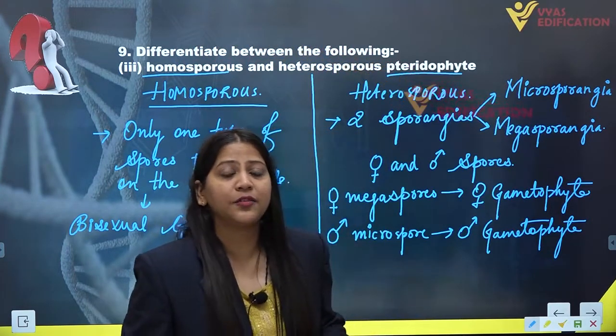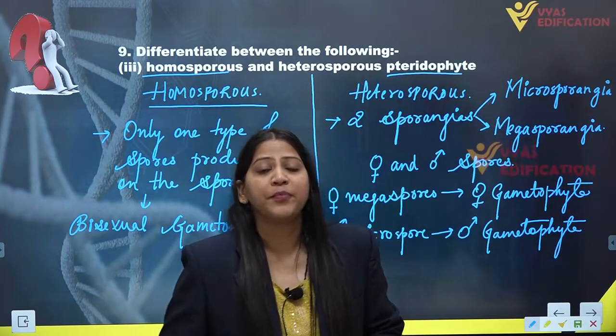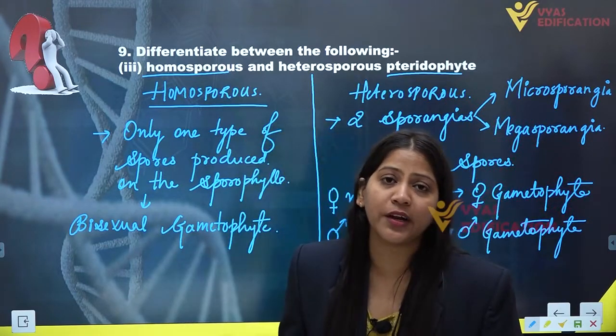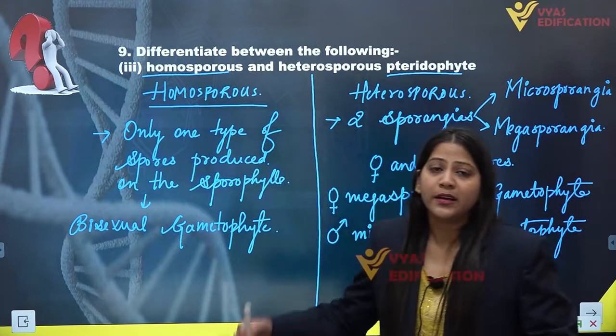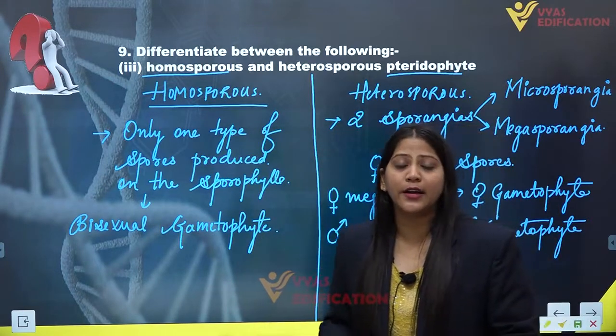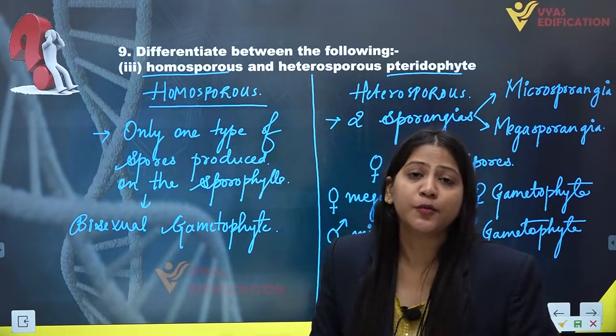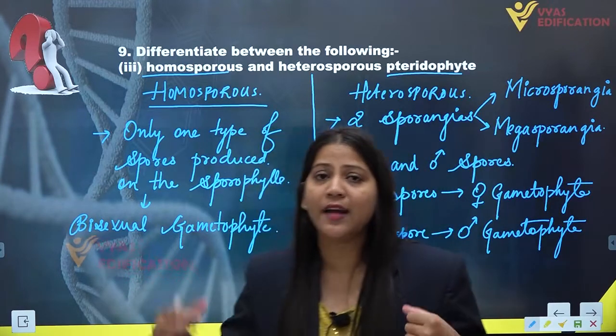So this is the basic difference between homosporous pteridophyte and heterosporous pteridophyte: in heterosporous pteridophytes, spores are different, and in homosporous they are similar.